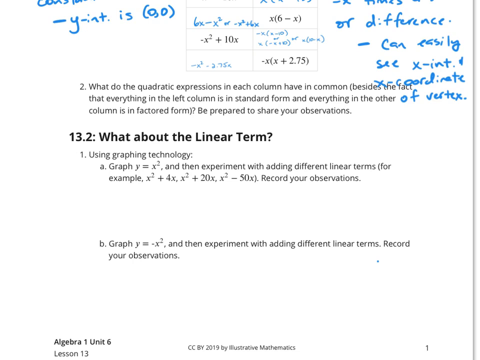So adding a positive multiple of x to x squared results in it shifting down and to the left.